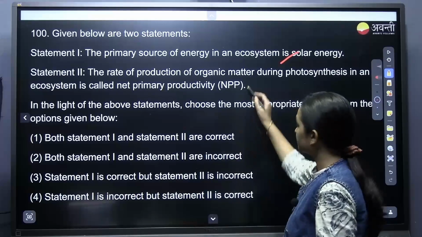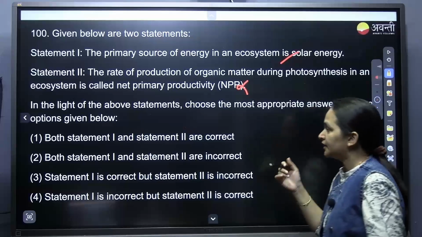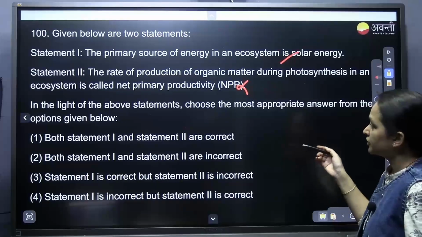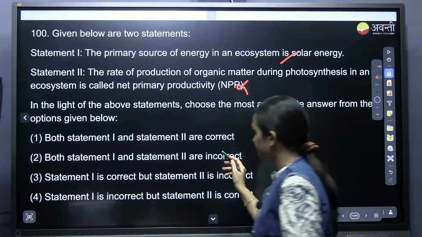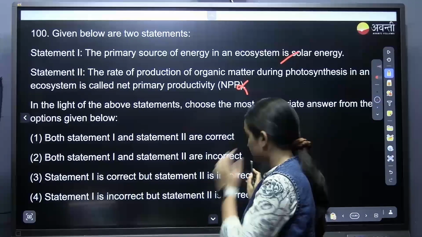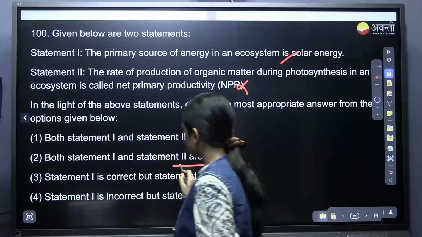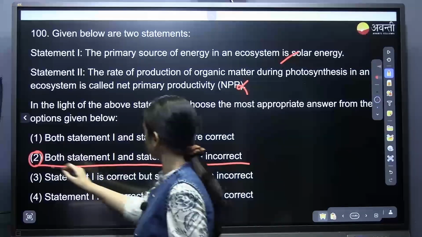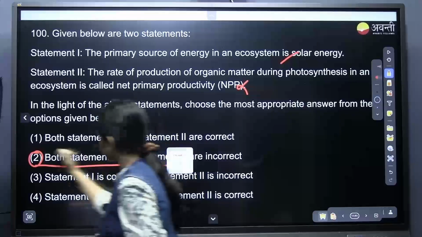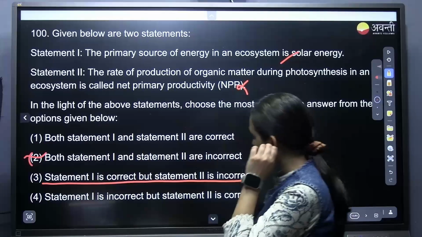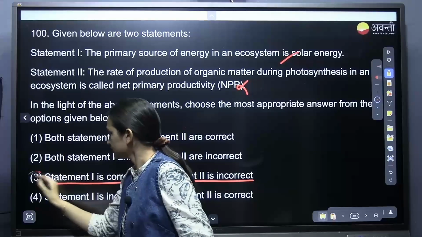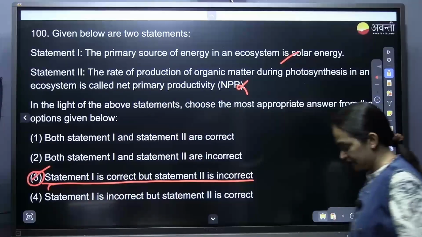No, it is gross primary productivity. So 1 is correct, 2 is wrong. C is the correct answer.